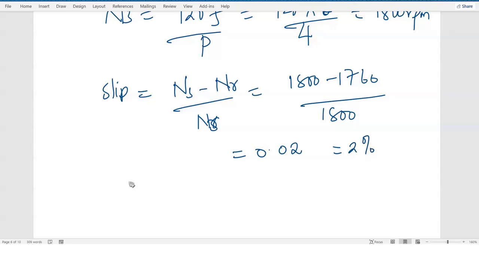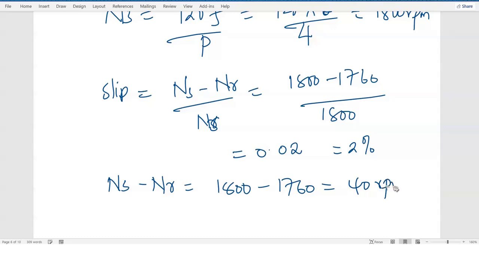Now let us take just the slip speed, that will be 1800 minus 1760, and this is 40 RPM.